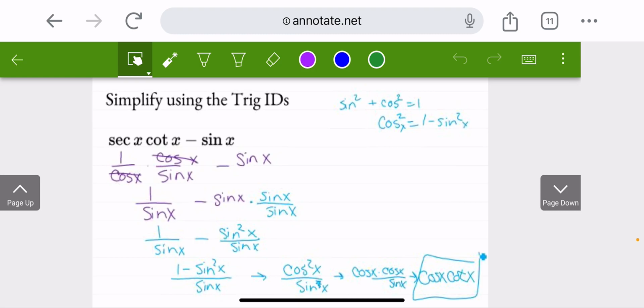Questions on this, because I know it's weird. Yeah, they're just multiplied together. It's cosine of x times cotangent of x.